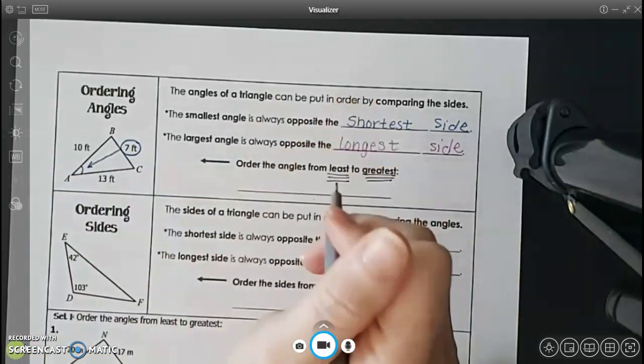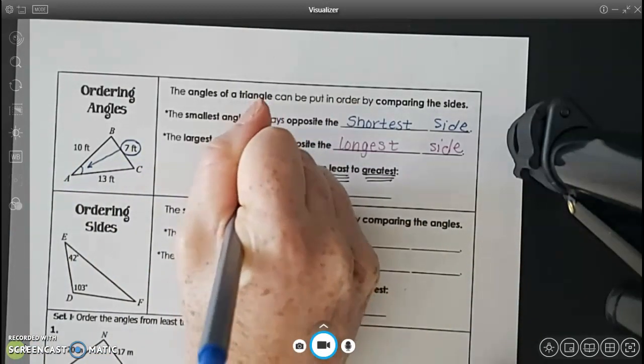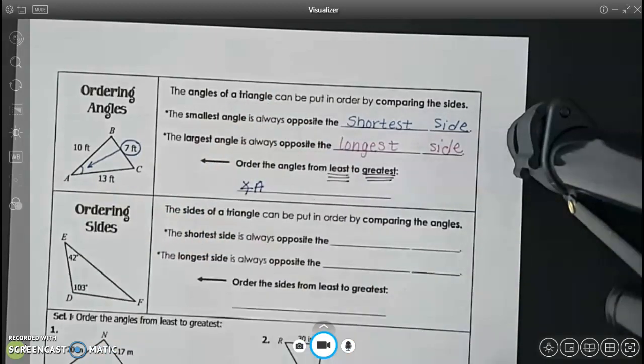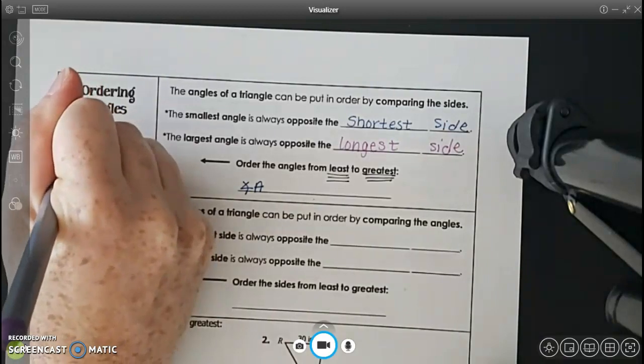Angle A is the smallest. Then I look at the next largest, the one in the middle, which is 10. And 10 is across from angle C.